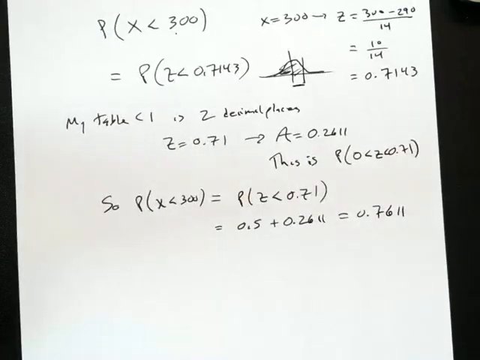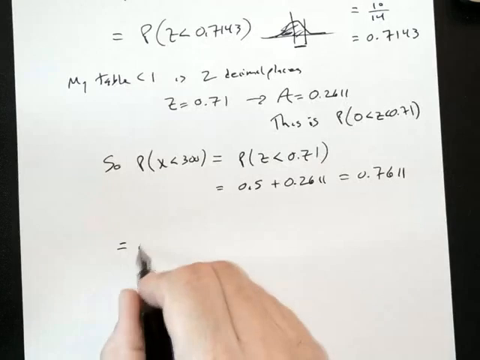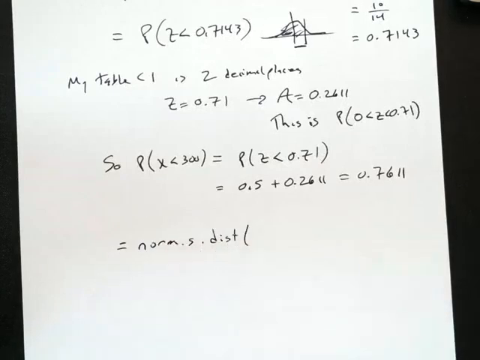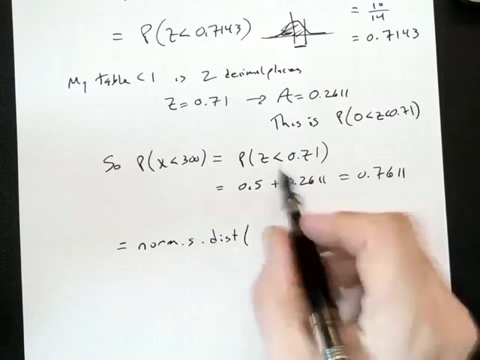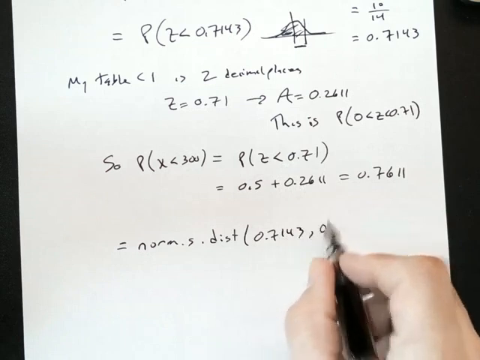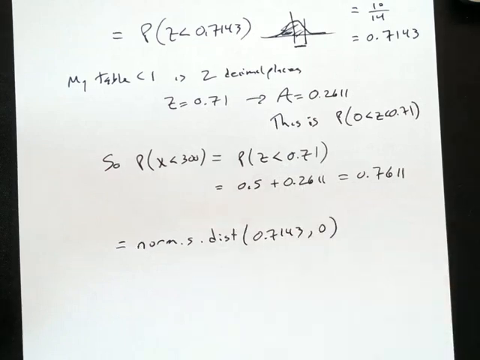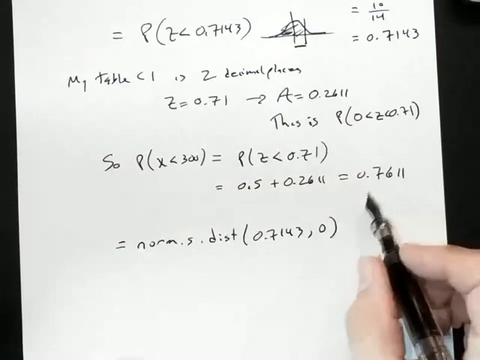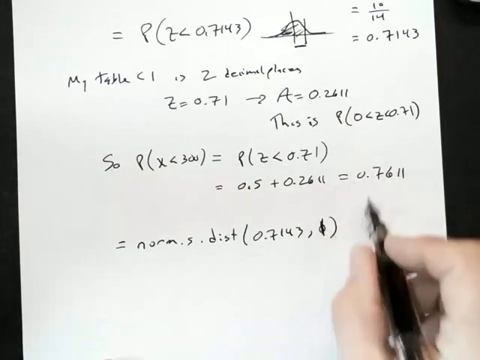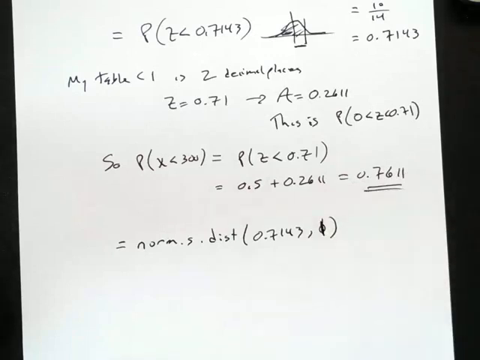Go into Excel. Norm dot dist and the Z value. Would make a version. If I give it a 1, places here.